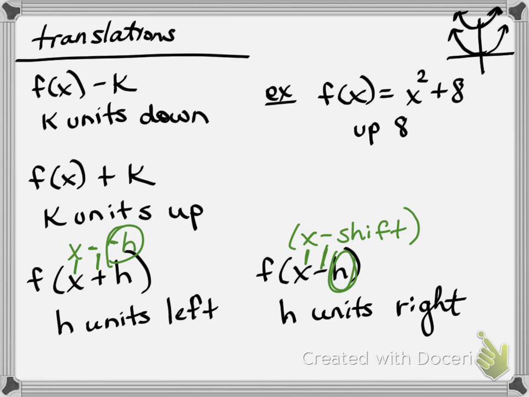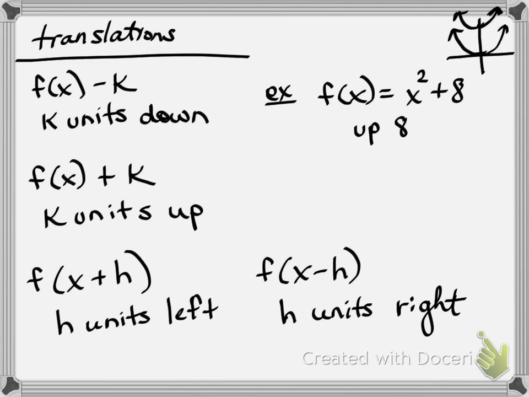And another thing to think about, I'm going to get rid of the green that I've done. How do you tell the difference between an up and down shift and a left and a right shift? The vertical shifts occur to the entire function. So you're taking your whole function and you're adding or subtracting something from it.